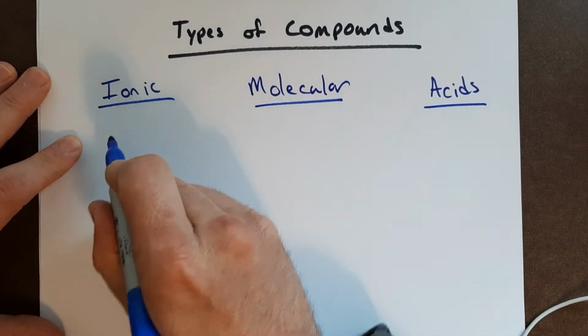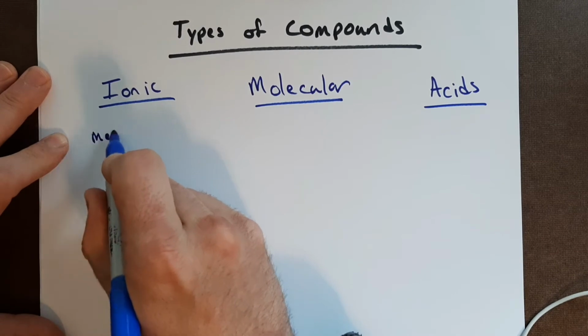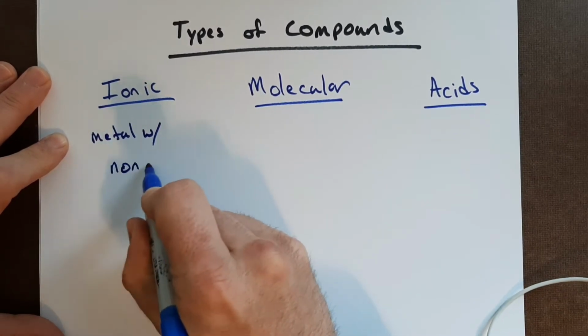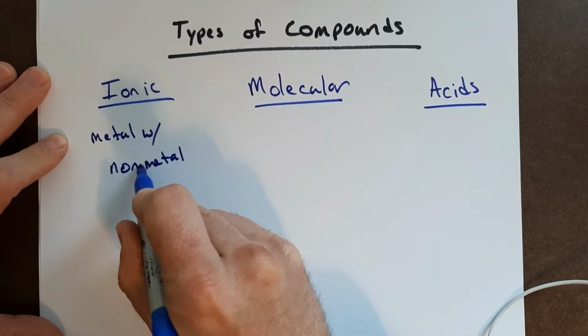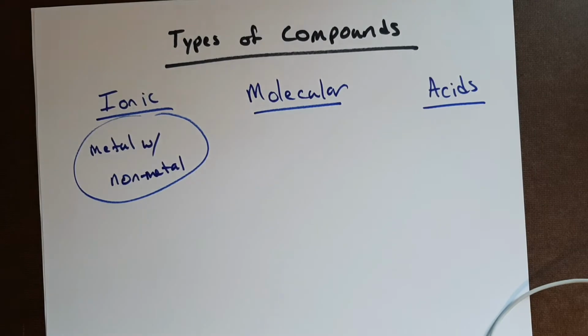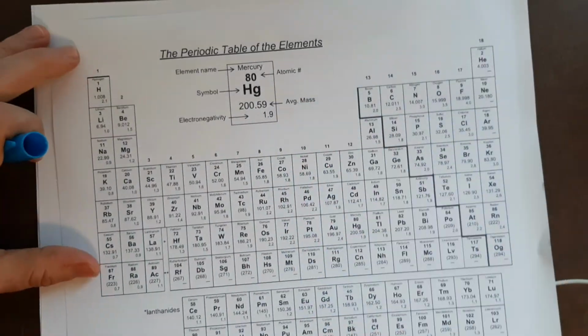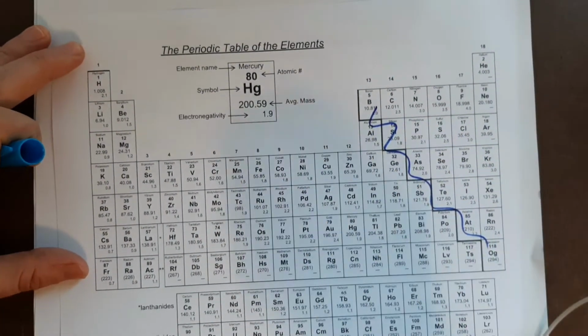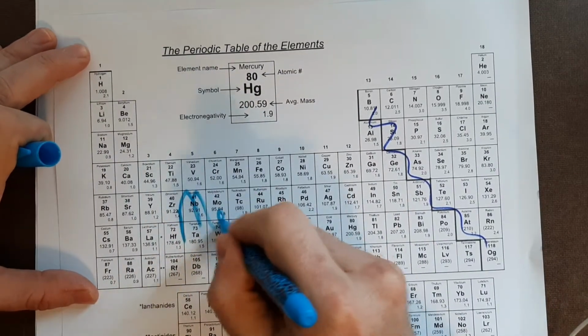So let's remind ourselves, ionic compounds are whenever you combine a metal with a non-metal. So if we go back to our periodic table and want to remember, there's this dividing line over here. Things on this side of it are called metals.